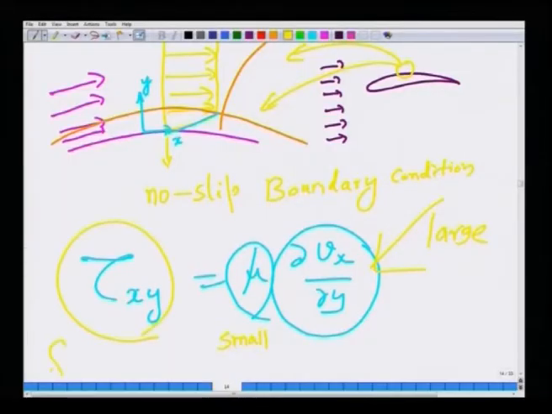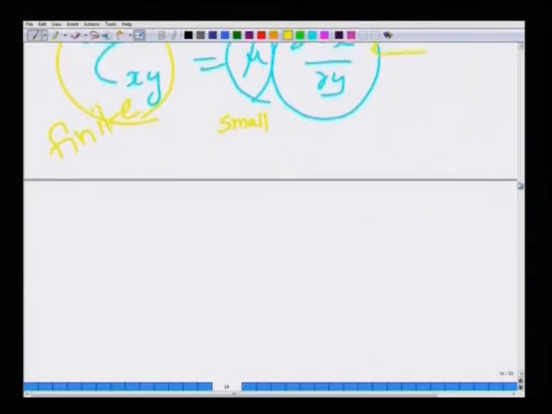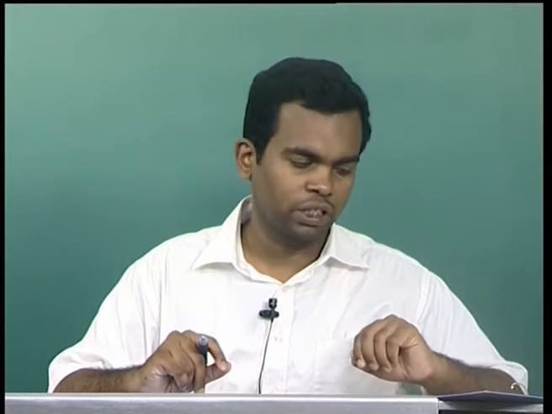So, the shear stresses become finite in the boundary layer. That is the key reason why shear stresses become important, and the origin of the boundary layer is the necessity to satisfy the no slip condition regardless of how high the Reynolds number is.